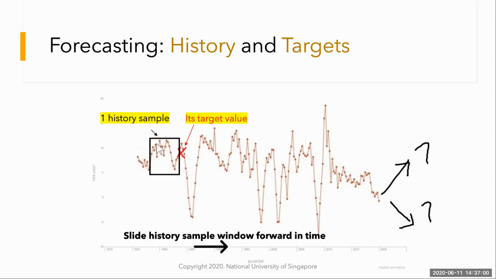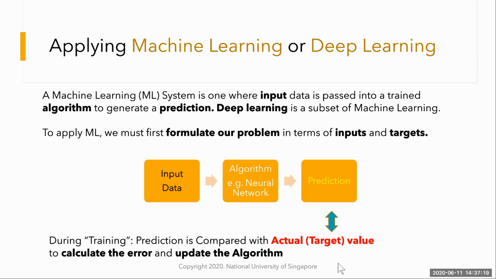So this is one illustration of a history sample. The window size I will show you how to determine, but just to formulate the problem, we will use windowed snapshots of the samples and the target value. This is what we're going to use to train. So where is this target value used? It's used to compare when we train, right? We have a prediction. The prediction can be garbage, it can be very good, perfect, but we need to compare it with the real truth.